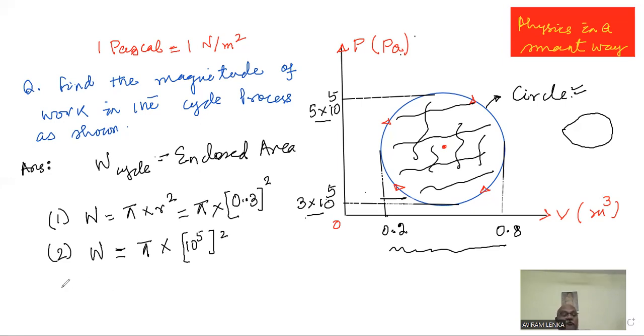A third student, if he or she is a bit confused, goes for a socialistic solution, a democratic system.